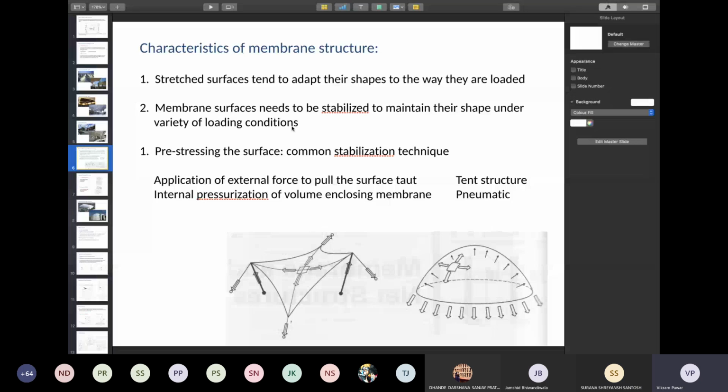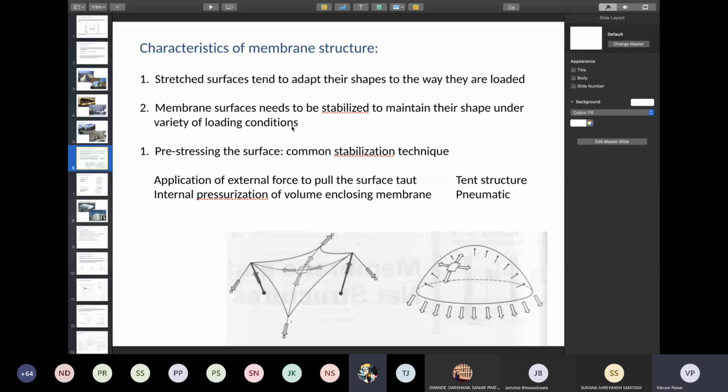This is very different from placing a brick one upon the other. The brick, because of its inherent property, has the ability to support itself, whereas a fabric does not have the capacity to support itself.